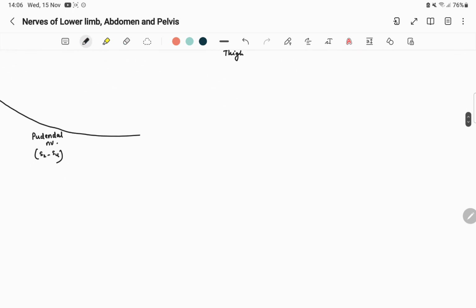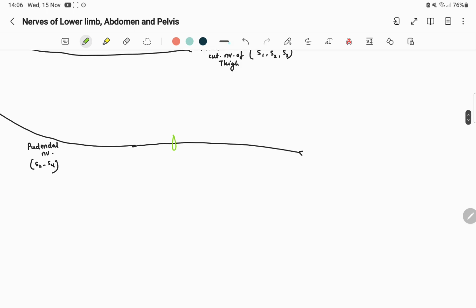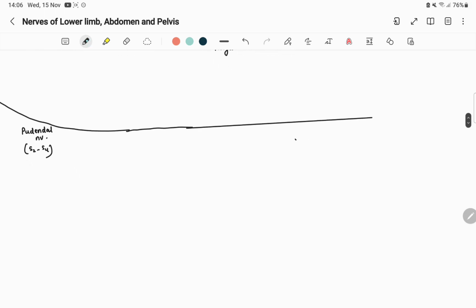Talking about the pudendal nerve, it moves through the pudendal canal. Here we have a canal. Let's draw it straight, otherwise we'll not be able to show the branches clearly. Here is our pudendal canal.